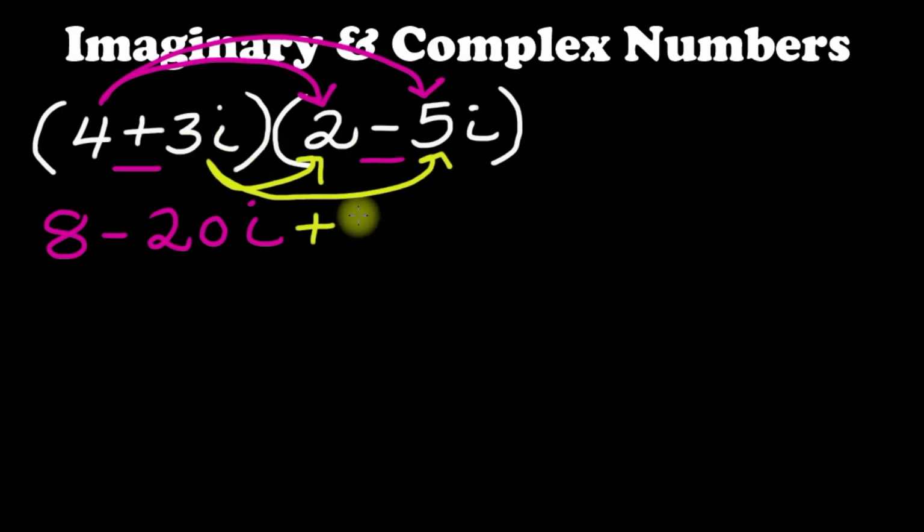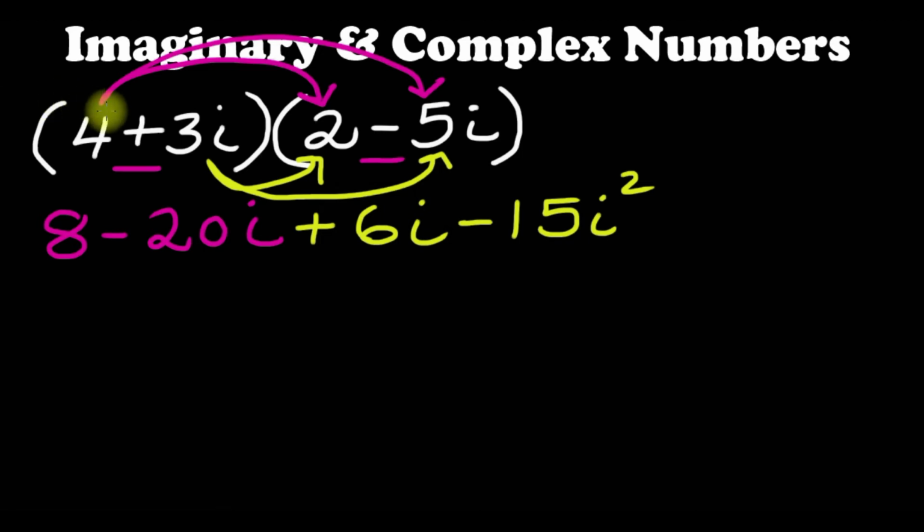So 3i times 2 is 6i, and then 3i times negative 5i is negative 15i squared. Okay, so that's the first thing you have to do. Get rid of the parenthesis by multiplying using the distributive property.